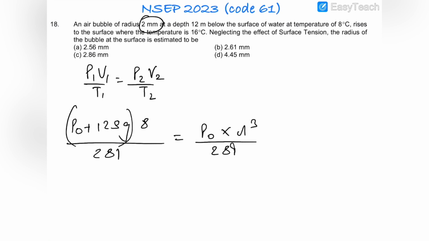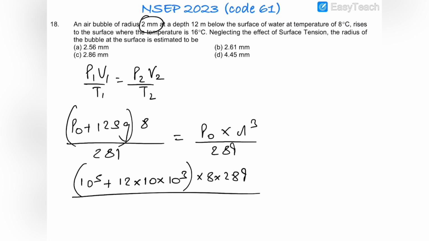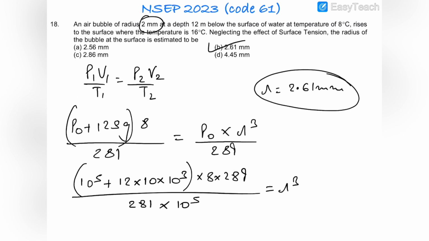Okay, so you can see that this P0 is 10 to the power 5 plus 12 into 10 into 10 to the power 3, into 8 into 289 divided by P0 into 281. P0 is again 10 to the power 5, and this is equal to r cube. So r would be approximately 2.61 mm. So the correct answer would be option B.